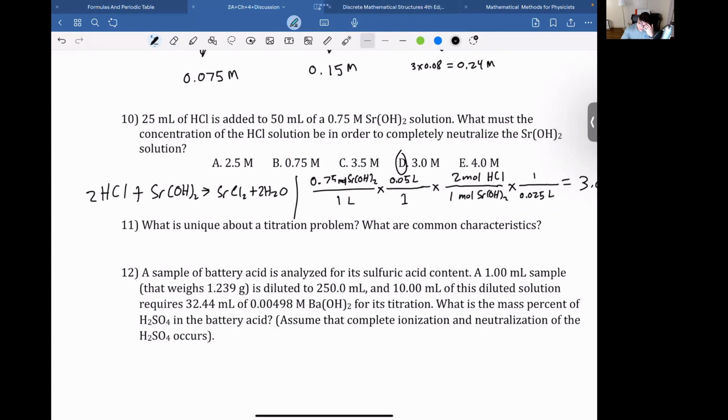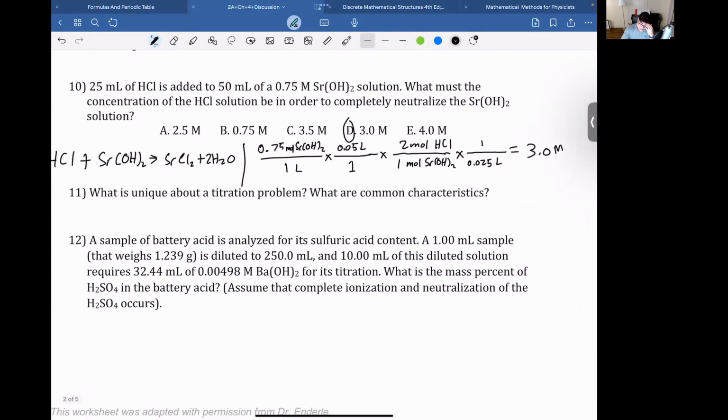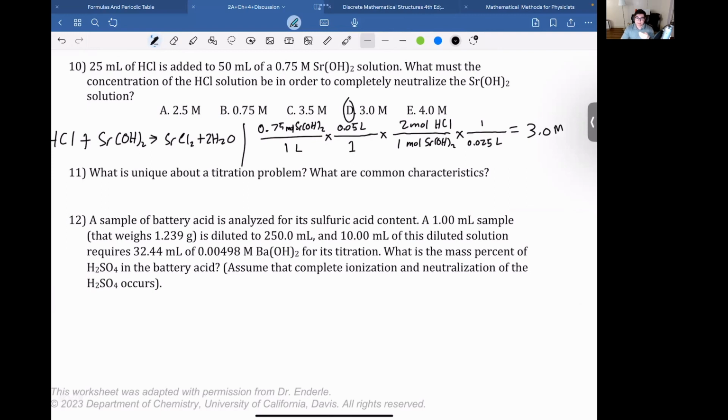Number 11, it says, what is unique about a titration problem? What are common characteristics? So a titration problem, you are mixing an acid and a base together. The common characteristic is typically you are neutralizing.